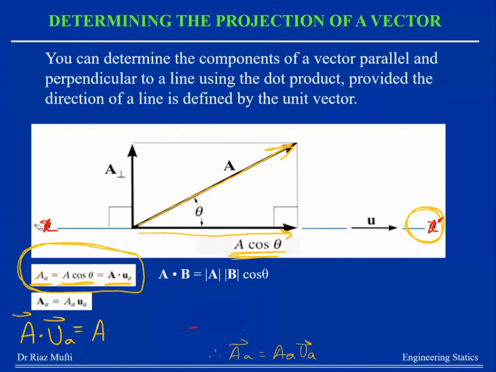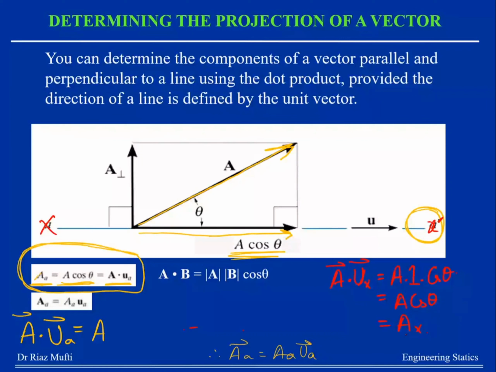If I do vector A dot the unit vector x, my answer would be the magnitude of A, the magnitude of unit vector x, which is 1, multiplied by cos of the angle. So this becomes A cos theta, and this is also the x component of my vector A. Is that clear?